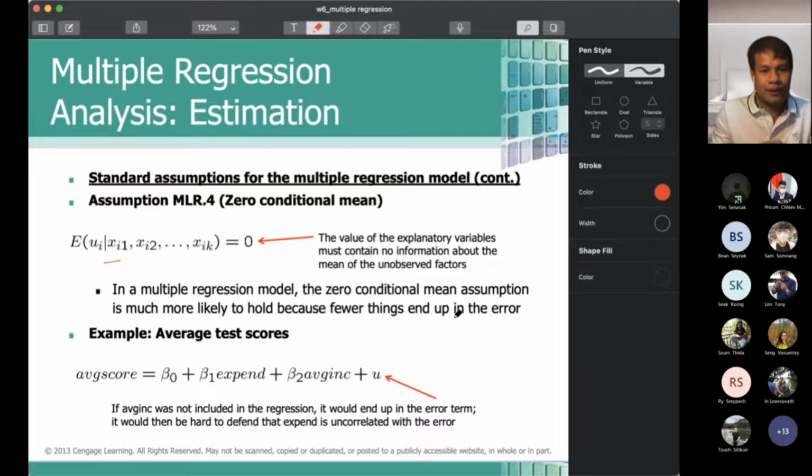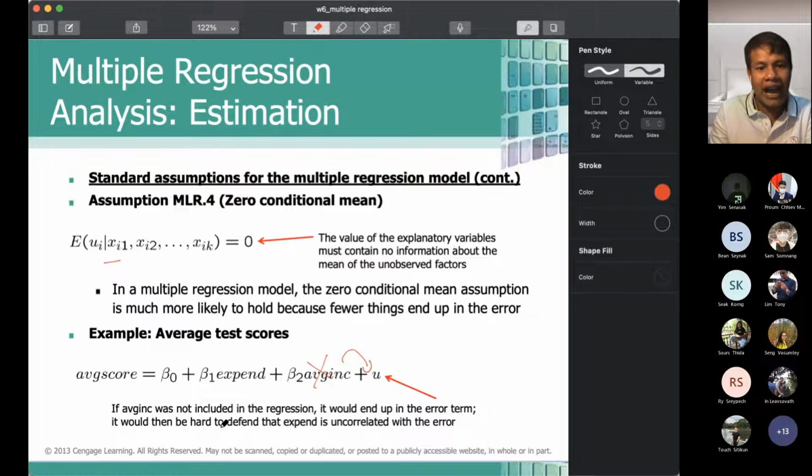Here, for example, we want to estimate the effect of per student spending on average test score by also including average family income. If average family income was not included in the regression, this variable would end up in the error term.